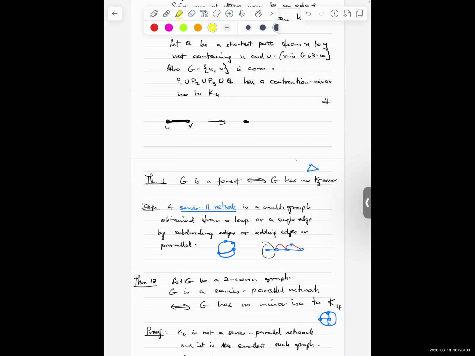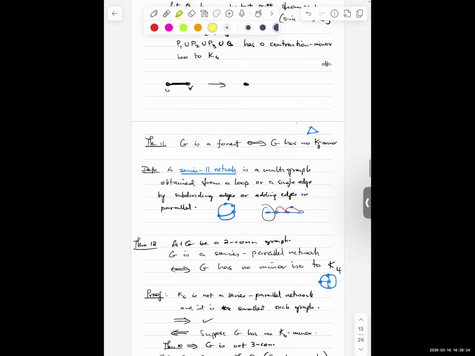So theorem 11 was G is a forest if and only if it has no K3 minor. K3 is a triangle, and the intuition there is, well, if you don't have triangles, then it's acyclic, and therefore it has to be a tree. And then just for a technicality, we say forest, which is just acyclic and not connected like trees.